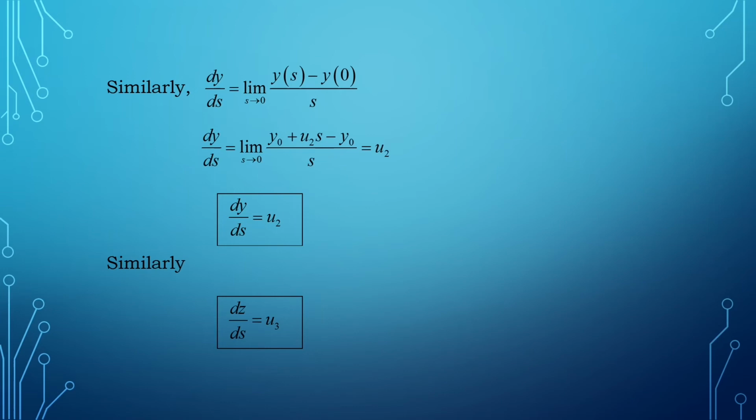This gives us dy by ds equals u2. Similarly, dz by ds equals u3. Now we found the values of dx by ds, dy by ds and dz by ds. Here dx by ds is u1, dy by ds equals u2 and dz by ds equals u3.